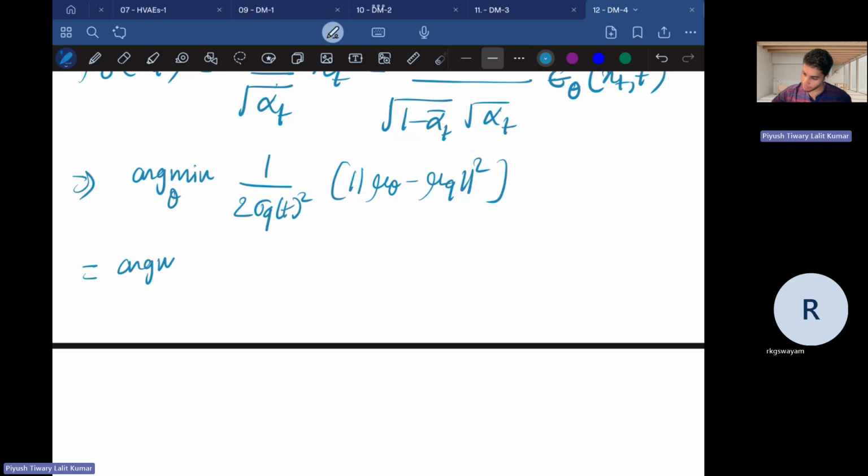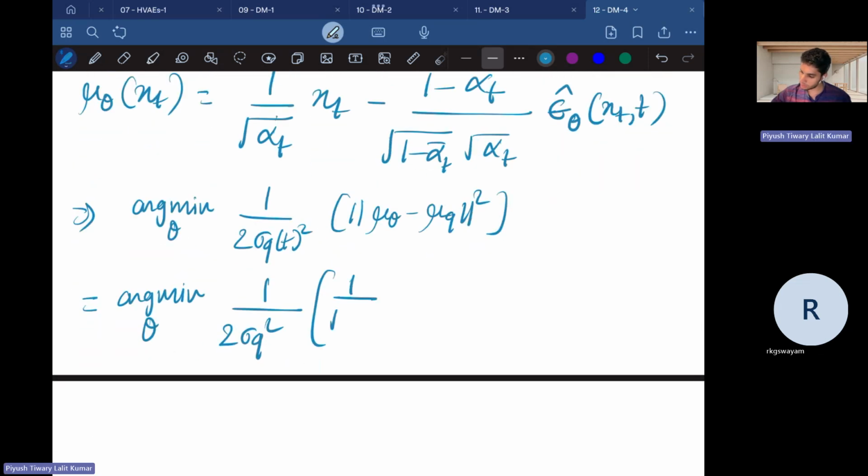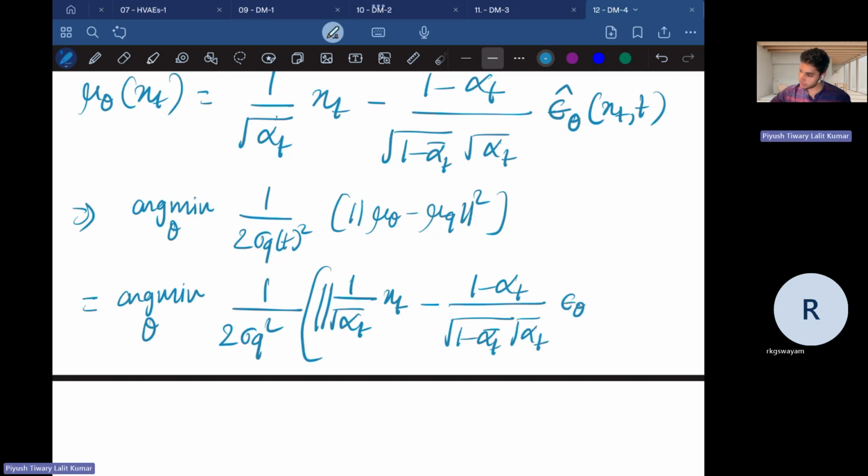This is equal to arg min over theta of 1 by 2 sigma q square. What is mu theta? Mu theta is 1 by root alpha t xt, of course there is a norm outside, minus 1 minus alpha t divided by square root of 1 minus alpha t bar, square root of alpha t, epsilon theta hat of xt comma t.